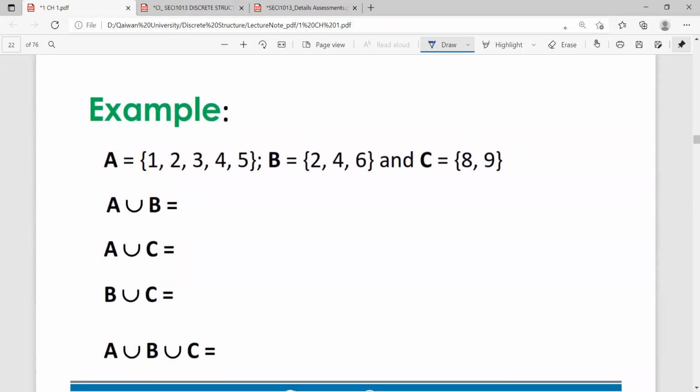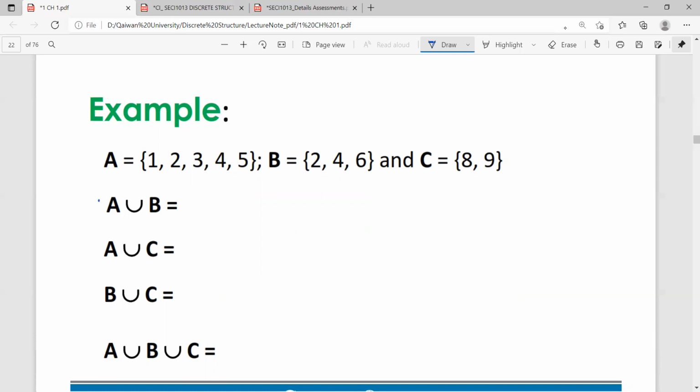Here you have an example. We are given A, B, and C, and we should find A union B, A union C, B union C, and also A union B union C. We don't talk about cardinality here.